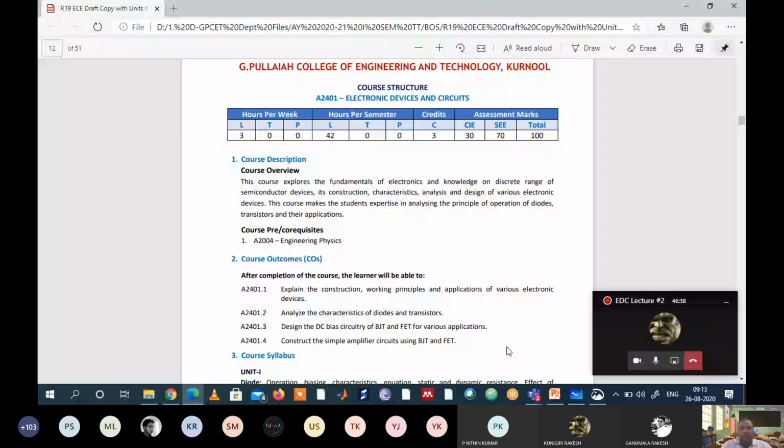This is the syllabus we have changed for the R19 regulation. In Unit 1, we study diodes, their characteristics and their applications in other devices, and we will learn special diodes. The enhancements of a simple diode are called special diodes: the Zener diode, tunnel diode, LED (light emitting diode) and photodiode.